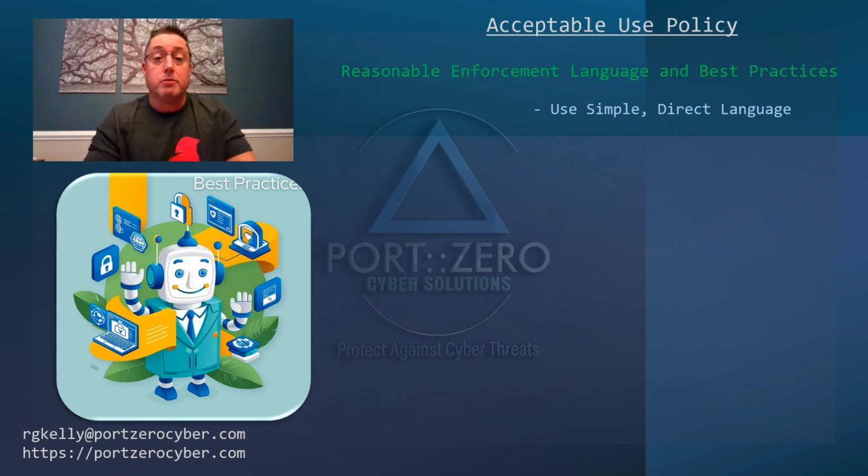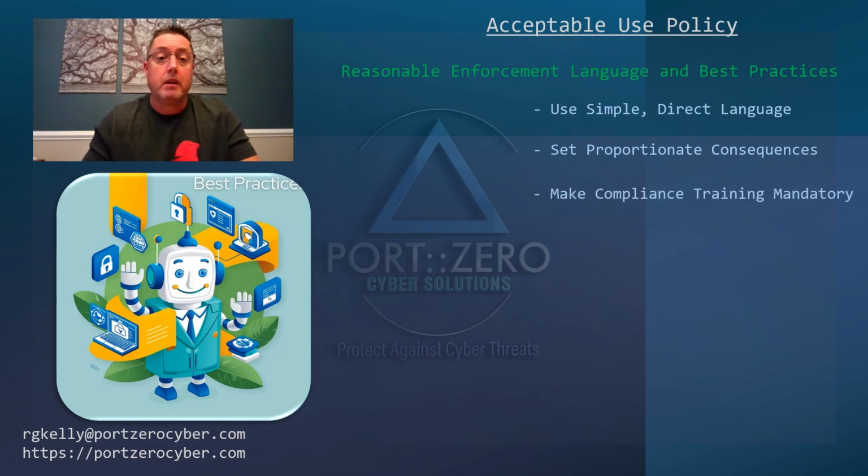We advise using terms like intentionally accessing inappropriate content rather than vague phrases like inappropriate use. Set proportionate consequences. Penalties should align with the severity of the violation. Minor infractions might lead to warnings, while serious breaches like data theft may result in termination or even prosecution.